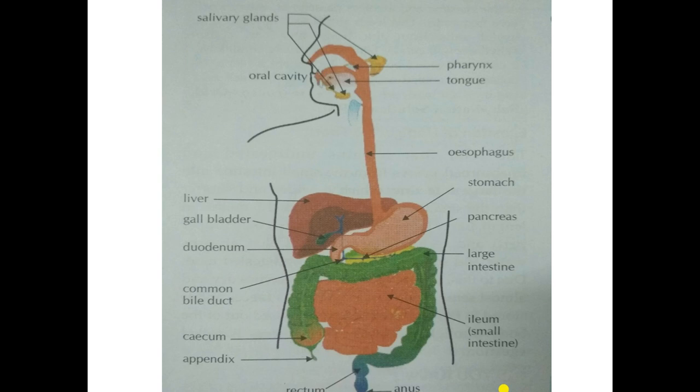In the colon, the water and the salts present inside the undigested food get absorbed, and because the water gets absorbed, the undigested food becomes semi-solid, and then it is stored for some time in the rectum. The blue portion at the end is the rectum, and finally it is removed out of the anus by the process of egestion. So this is all about digestion in humans.